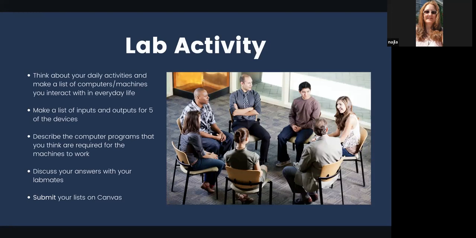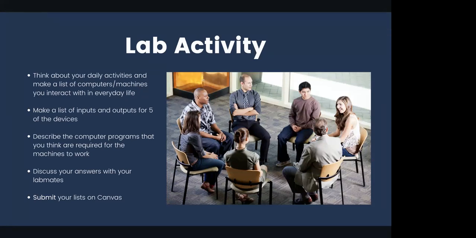I really don't understand the third question, computer program. I know nothing about programming. Yeah, basically you have to describe the kind of programs you think those machines use to operate. It doesn't have to be very technical.